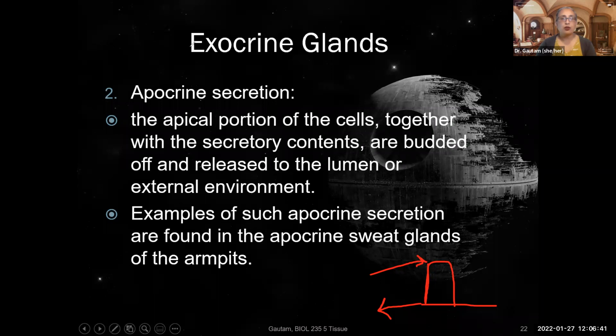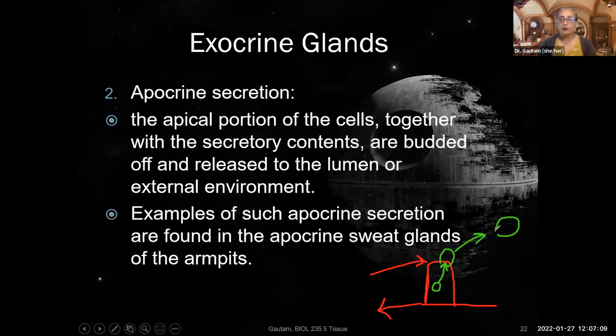And so that's exactly what it is. In the prior one, with eccrine, here was our vesicle, and the vesicle traveled to the surface, fused with it, and the contents were secreted. With apocrine, the vesicle travels to the plasma membrane, but instead of fusing, it kind of pinches off and is released. When it pinches off, it takes a little bit of the plasma membrane with it. It's just some detail.